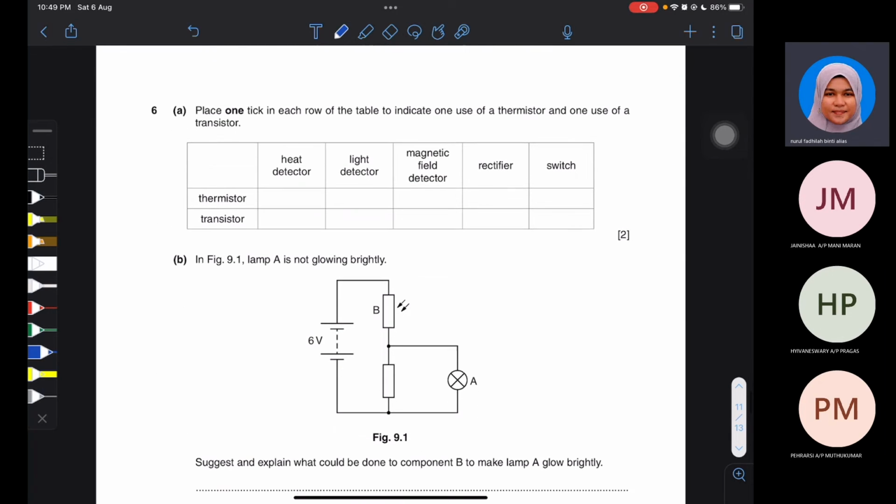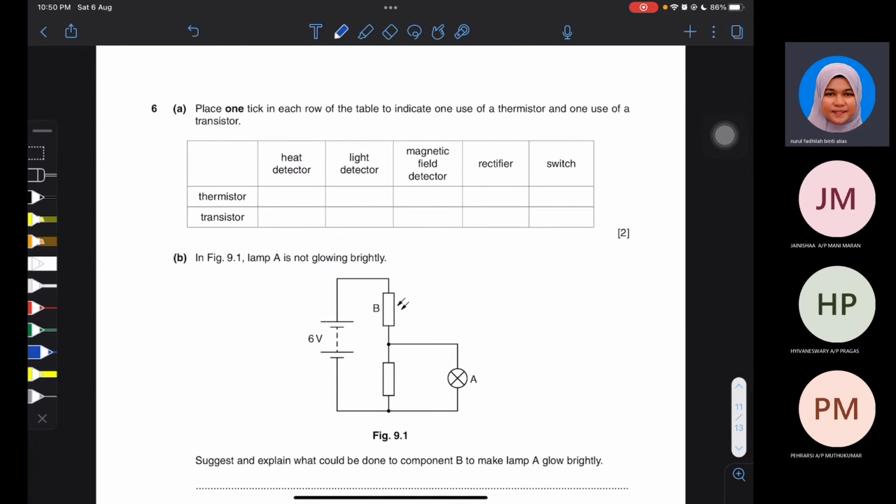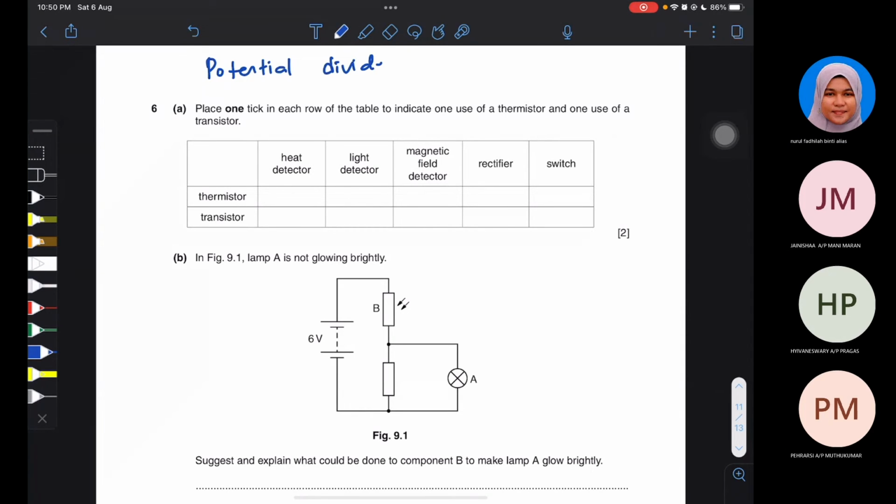Right. Ini potential divider. Okay, you pernah dengar tak the word potential divider, students? No, teacher. Okay. So potential divider dekat sini.